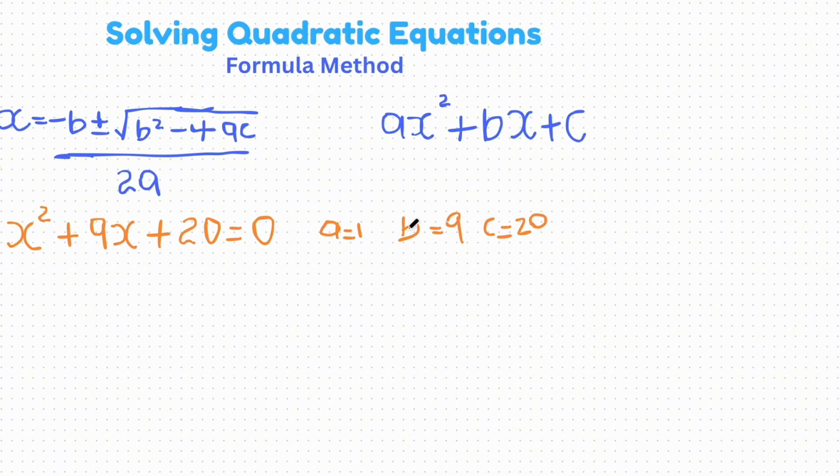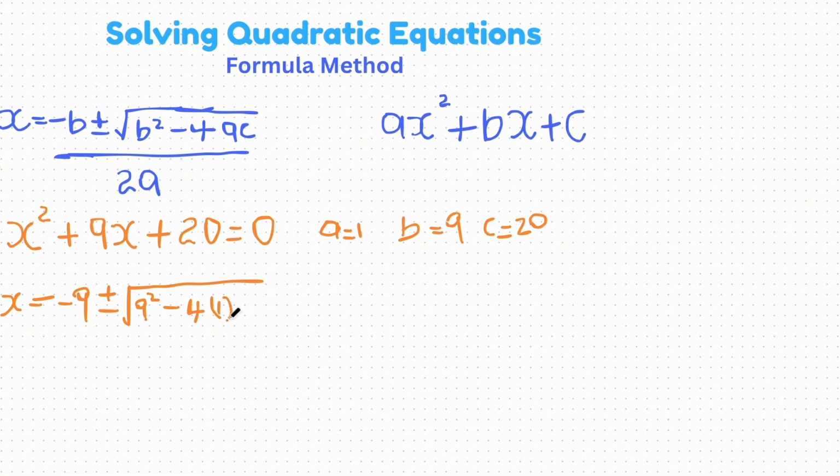Now we can go ahead and substitute. So the formula says x is equal to negative b, which would be 9, plus or minus the square root of b squared, which is what? 9 squared, minus 4 times a, what is a? 1.